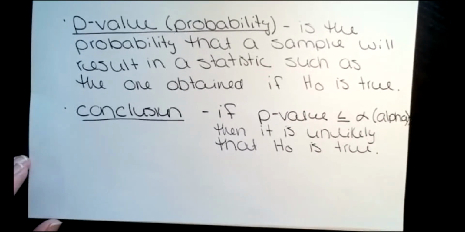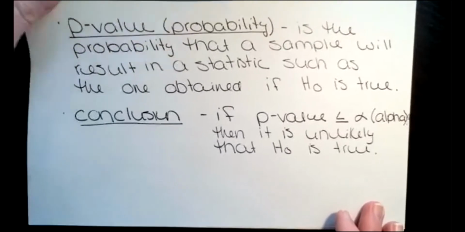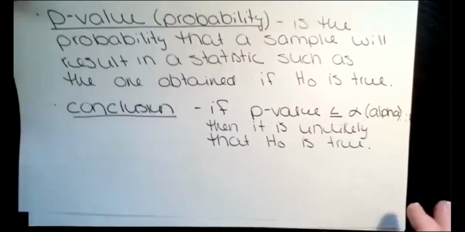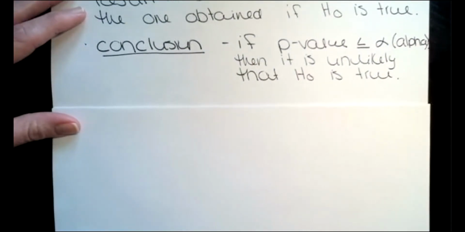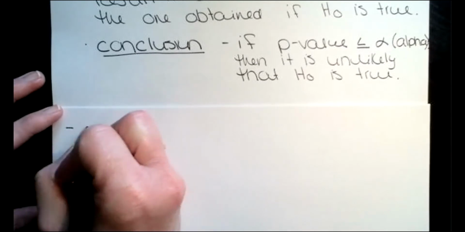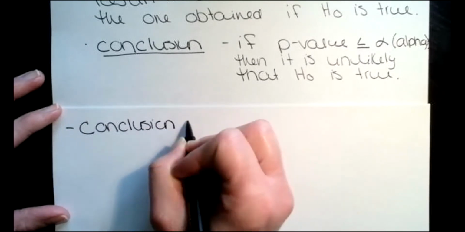So we have a few steps that we take with our conclusion step. And just like any other step, we have several little parts to it. And I break it down that way so it's nice for us. So let me just write conclusion step again so you know this is what I'm looking for.